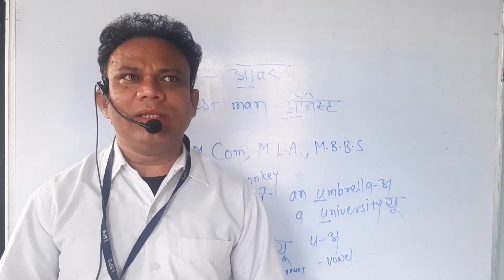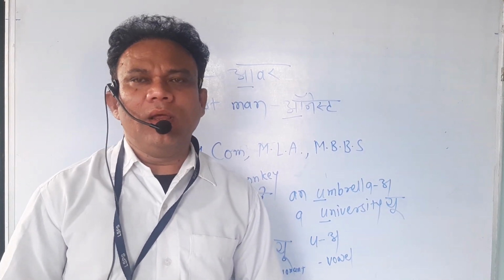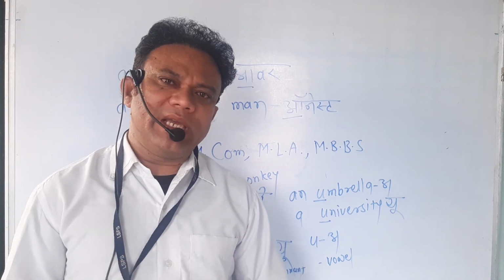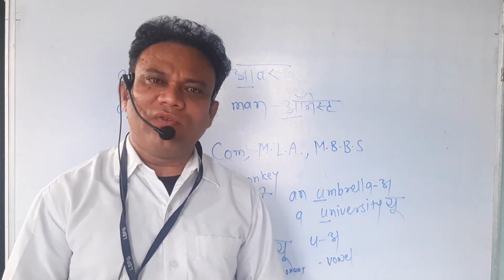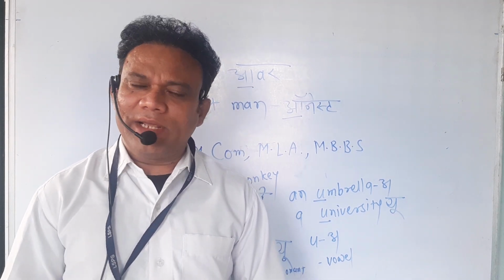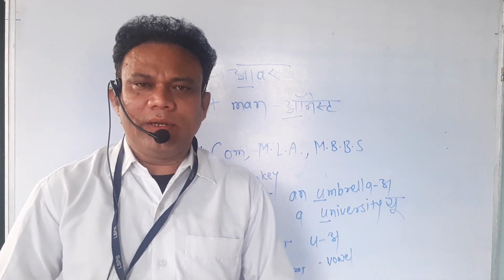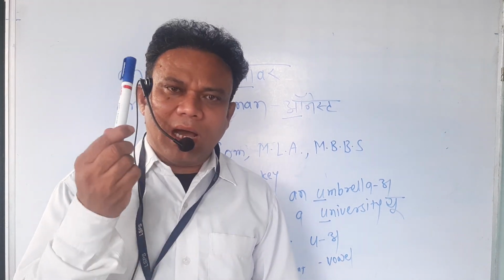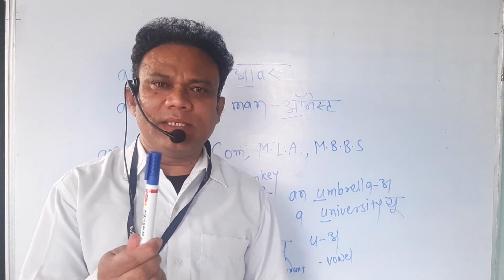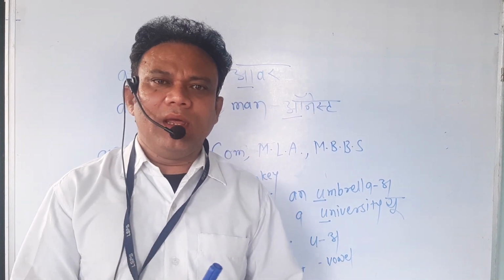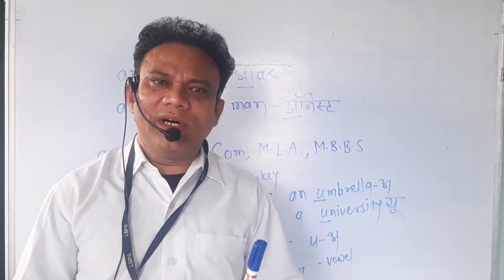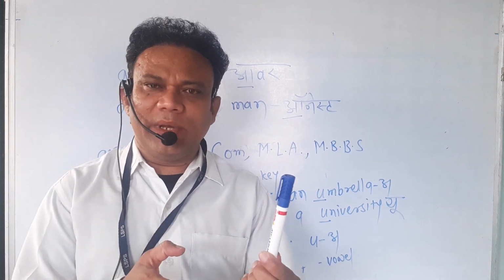Then let me explain the next rule of the article the. Suppose a common noun is used two times. For example, I have a pen. If I have to say two sentences about this pen, then how will I say? First I will say this is a pen.